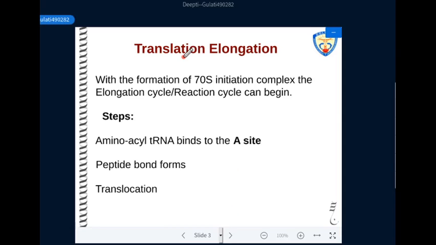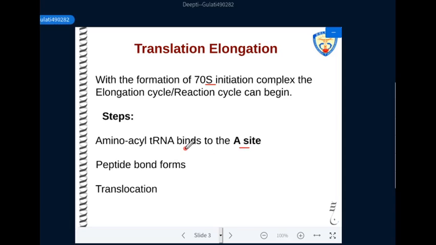So translation elongation begins with the formation of the 70S initiation complex. Translation elongation can be described as an elongation cycle or a reaction cycle where the aminoacyl transfer RNA molecules are brought and bound to the A site of the ribosome.